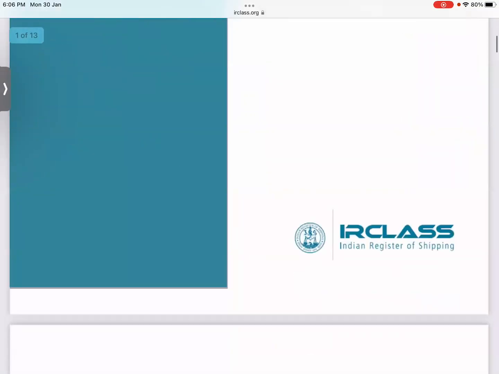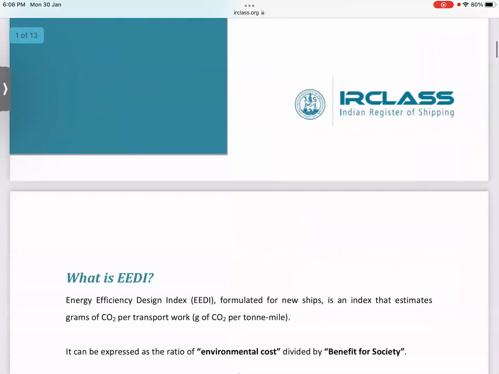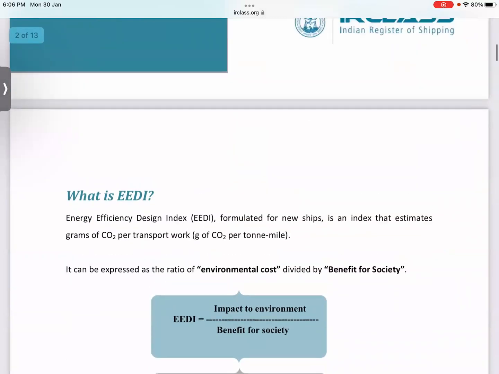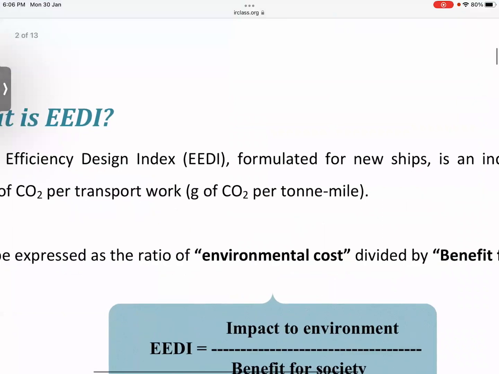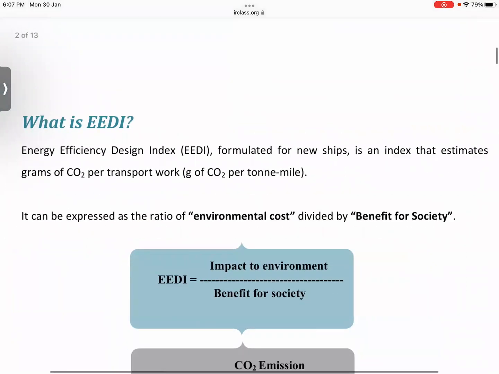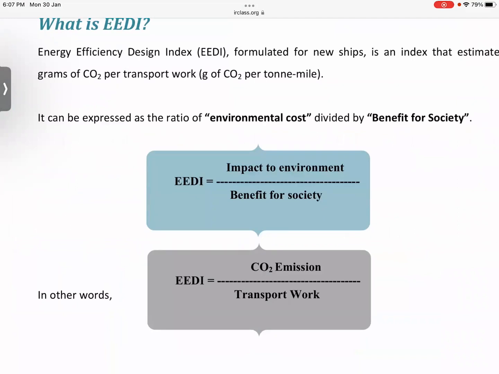EDI is the impact to the environment divided by the benefit for the society. What is the impact to the environment? What is the harm you are causing? You are releasing CO2 into the atmosphere. That is the harm to the environment. And the benefit, somebody is carrying cargo for you. So EDI is just how much CO2 you are emitting divided by the transport work.